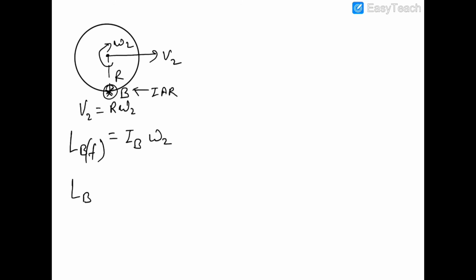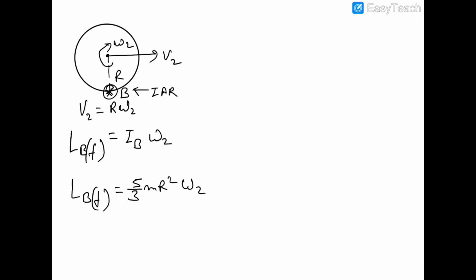So the angular momentum of this sphere about point B is 2 by 3 mr square plus mr square, so this is 5 by 3 mr square. You can see that the moment of inertia is 2 by 3 mr square about the center plus mr square by the parallel axis theorem, so this is 5 by 3 mr square, times omega 2.